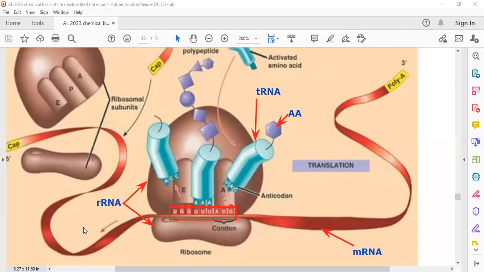With that one, its work is over. tRNA will bring the amino acids fitting with that nitrogen base sequence. With that one, its work is over. rRNA will develop the peptide bonds between the amino acids.